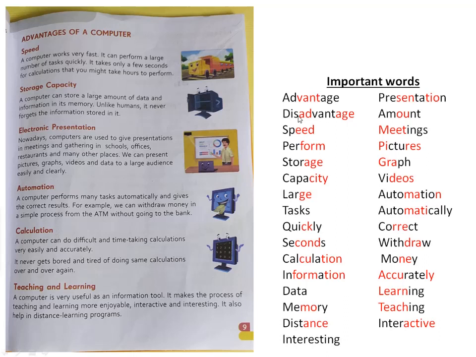Okay, here on each page, I forgot to tell you, I have mentioned important words from this page. Okay, and you try to understand these words, spellings. These colors are telling you where to break this spelling and learn easily.